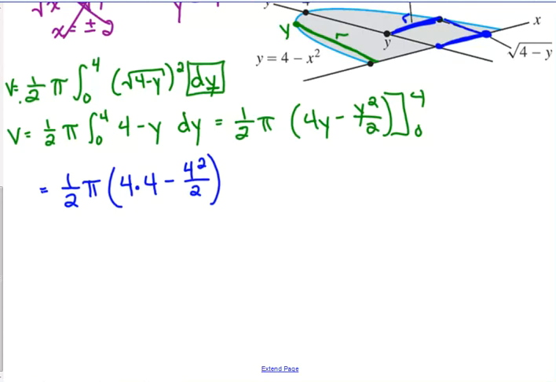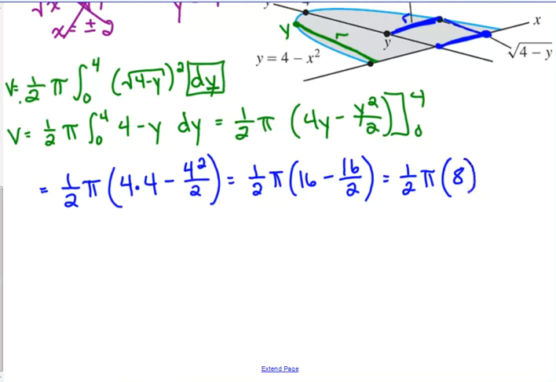And when we plug in 0, obviously both of those have the variables, so they're going to cancel. So let's simplify. We've got 1/2 pi times 4 times 4 is 16, minus 16 over 2. So that's 1/2 pi. 16 over 2 is 8. 16 minus 8 is 8. This is equal to 4 pi.